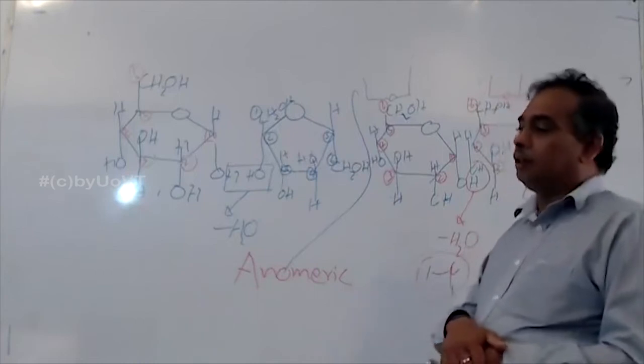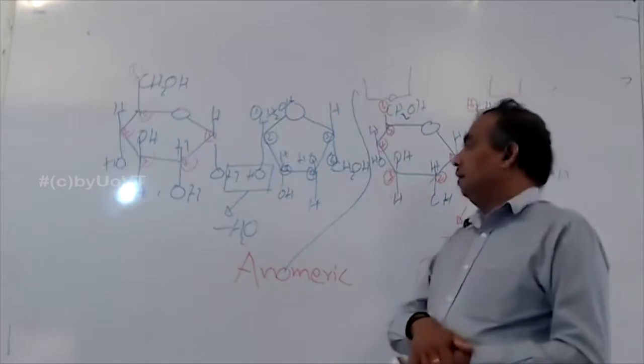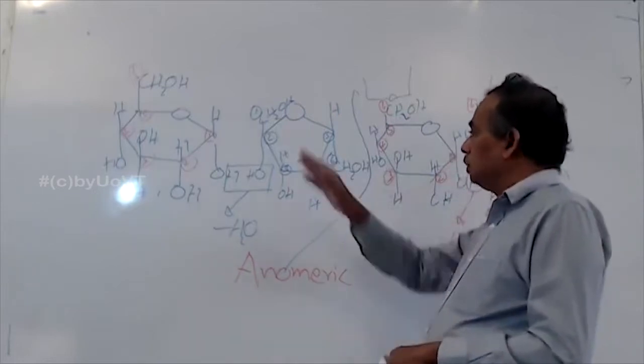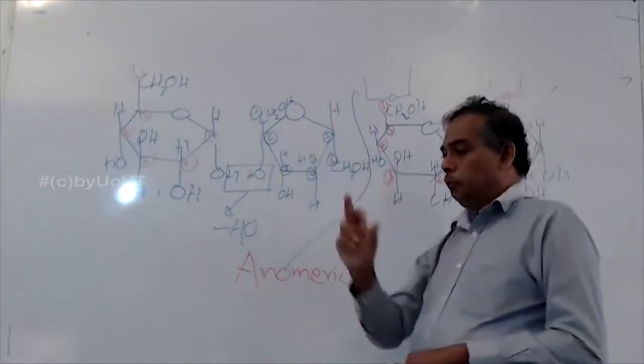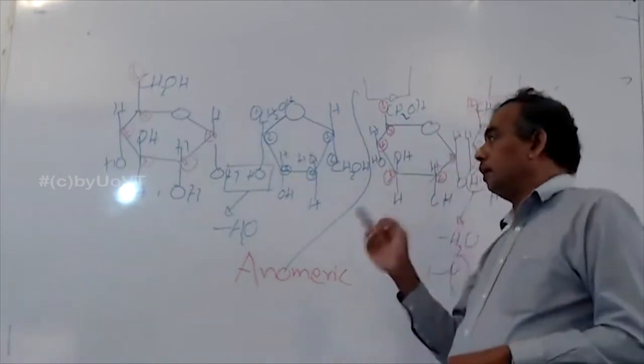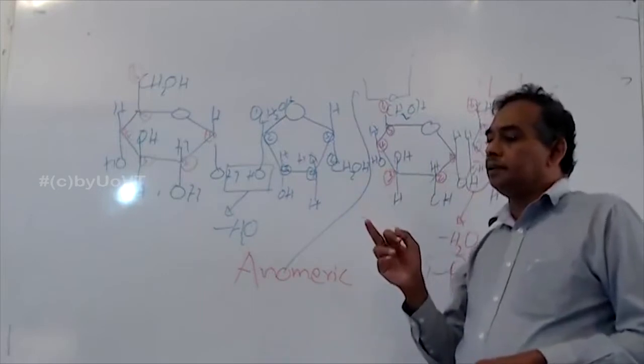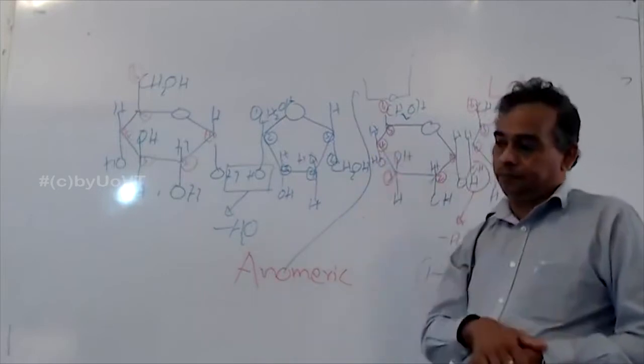Anomeric carbon means the carbonyl carbon, the same thing. The anomeric carbon position of fructose is position 2, and for glucose it is position 1. So a bond between 1 and 2 means both anomeric carbons are in the same bond.